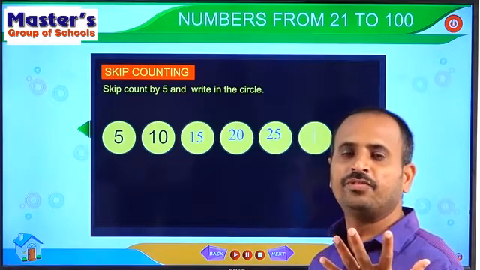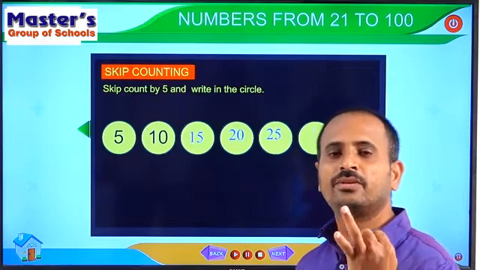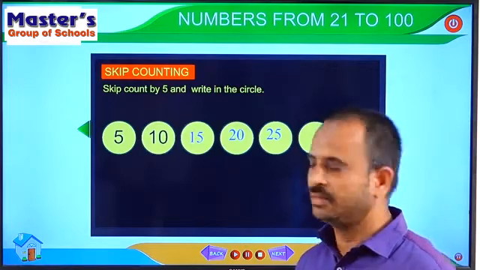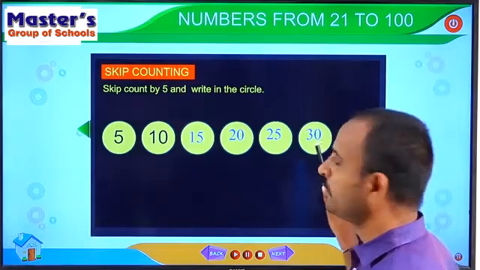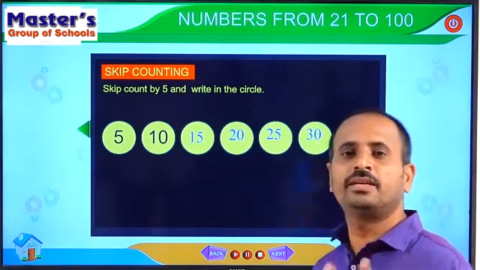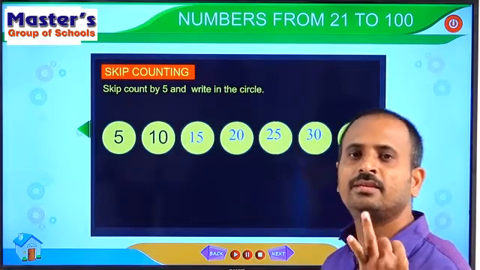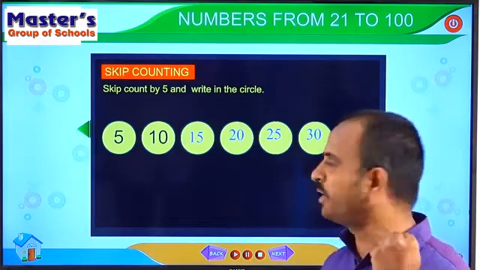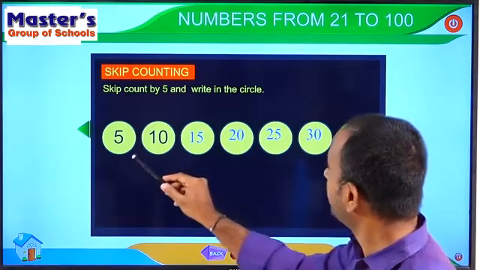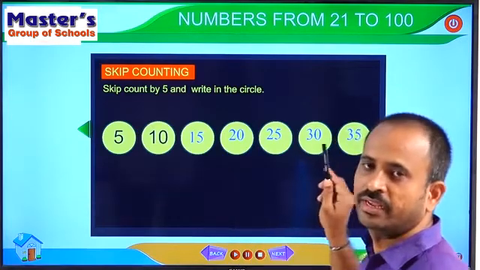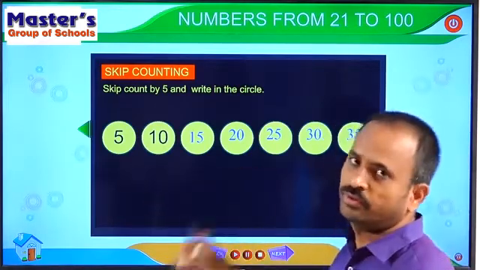So after 25 comes 26, 27, 28, 29, 30. So 30 here. And add 5 to the 30. So after 30 comes 31, 32, 33, 34, 35. So 35. So in this way, we can continue this addition and we can get larger and larger numbers. So this is called skip counting.